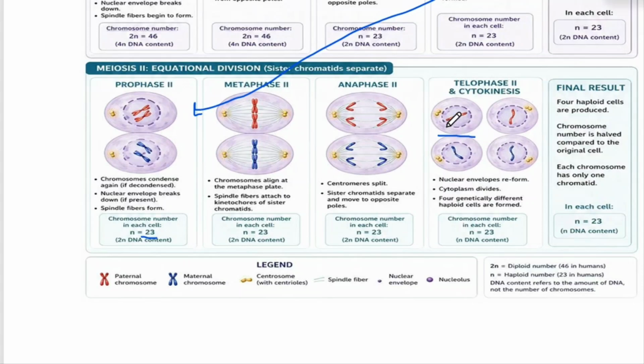For sure, haploid. Each cell contains 23 chromosomes, which means n, with one chromatid per chromosome. So the final result: 4 haploid cells are produced.